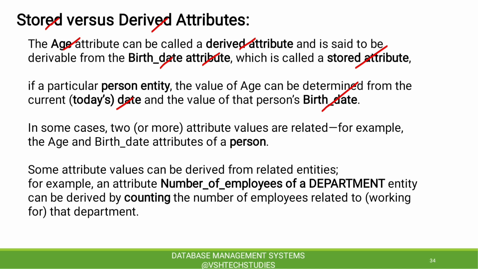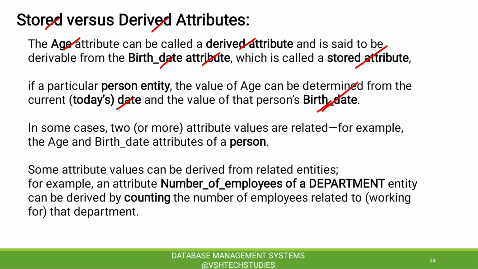Means in a table if birth date is stored, from that using today's date we can calculate the age of that person. So we can get the value of age attribute. Hence age attribute is called as derived attribute. Its value can be derived from some other stored attribute, that is birth date here.